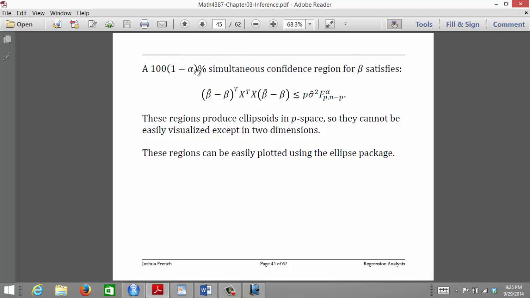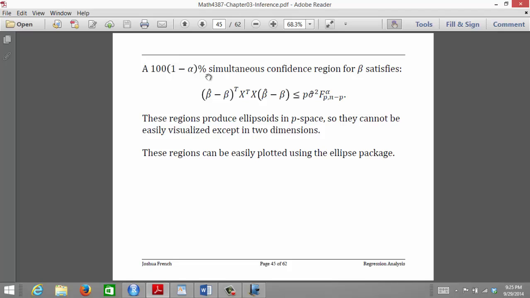This formula here is kind of scary, but essentially it says that if we take the estimated regression coefficients, subtract the true regression coefficients, and do that as some sort of cross product with a quadratic form with X transpose X, then this quantity is going to be less than or equal to p, which is the number of regression coefficients, multiplied by the estimated variance of our errors, the residual standard error squared, multiplied by the 1 minus alpha quantile of an F random variable with p numerator degrees of freedom and n minus p denominator degrees of freedom.